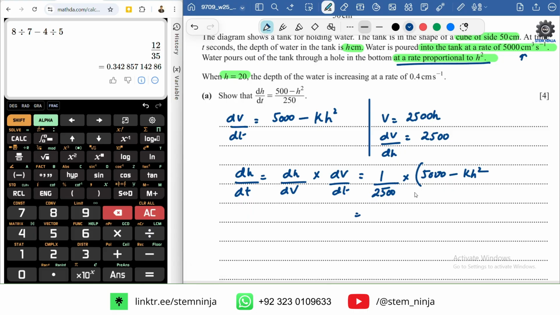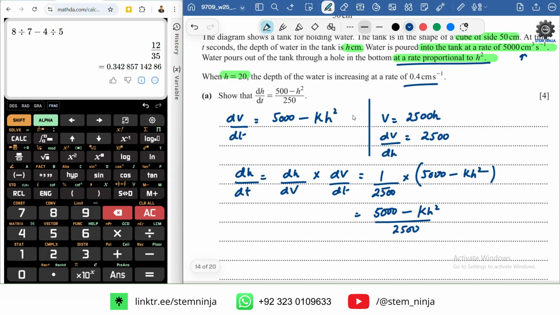So 5000 minus 2500 is basically just, oh, I think we can keep it like this. So 5000 minus k h squared over 2500.